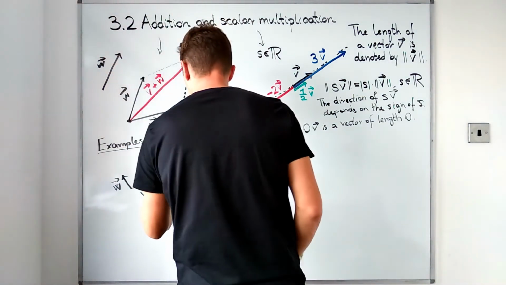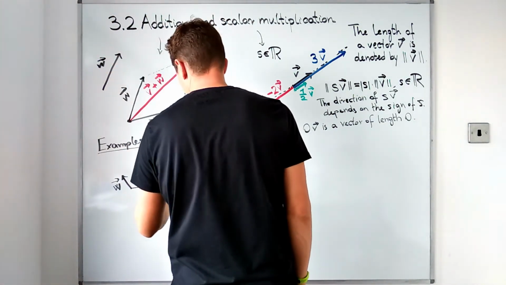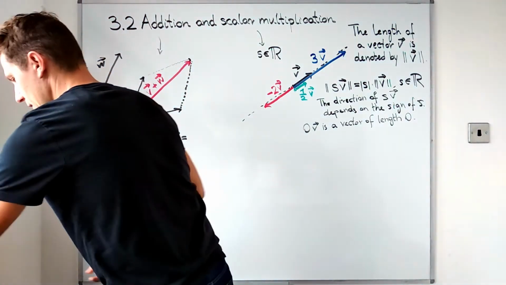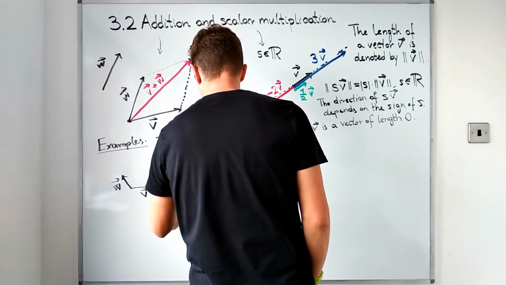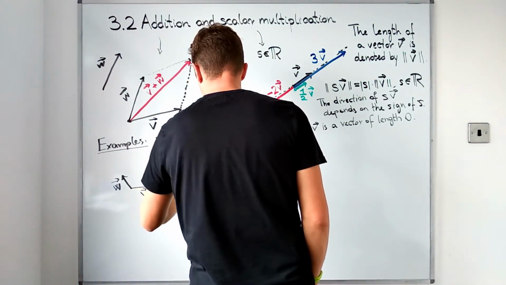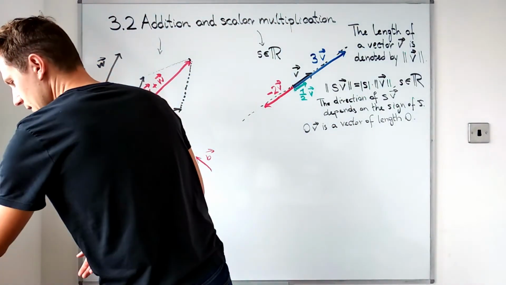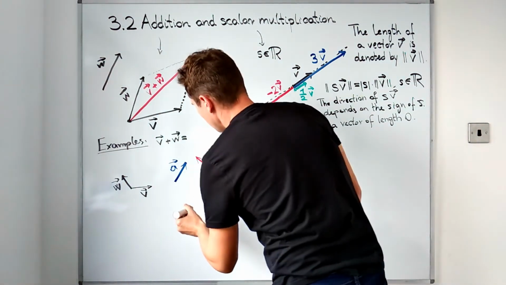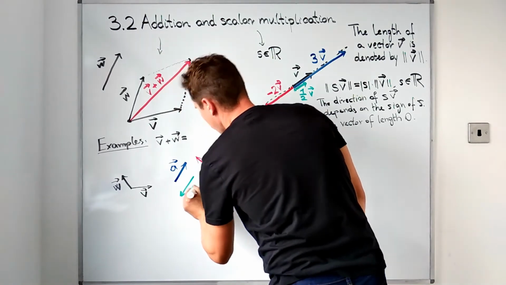Is it perhaps a vector that looks something like this? Let's call this vector A. Is it perhaps a vector that goes something like this, vector B? Or is it perhaps a vector pointing in this way with the length that I've drawn?